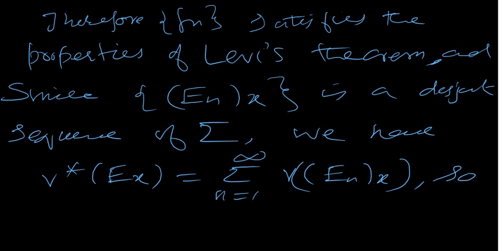So nu star of e_x is this infinite series, which means that our fn(x) increases to f(x), because fn(x) is the summation, i running from 1 to n, of nu of ei_x, and the limit of fn(x) is the infinite series, which is equal to nu star of e_x, and that's equal to f(x).